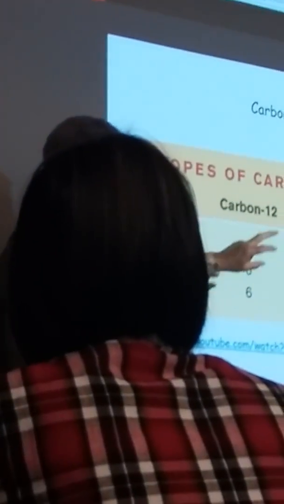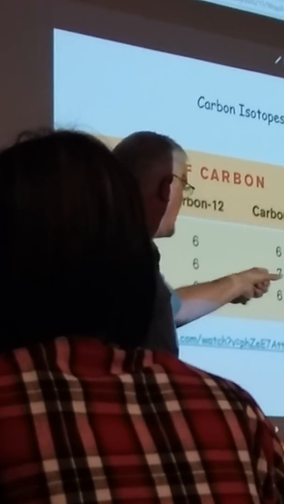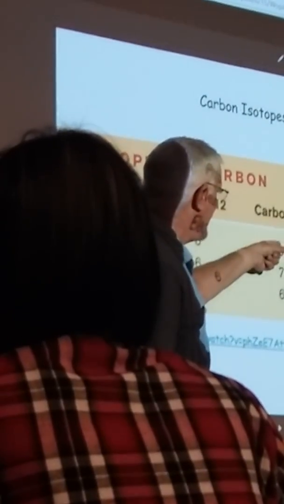There it is. It has 6. It's supposed to have 6 protons, 6 neutrons, and 6 electrons. But if you have 1 extra neutron than normal, 7 and 6 are 13, carbon-13. 6 and 8 are 14, carbon-14.